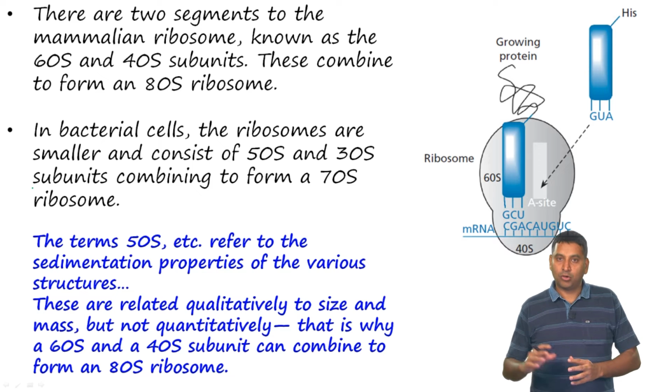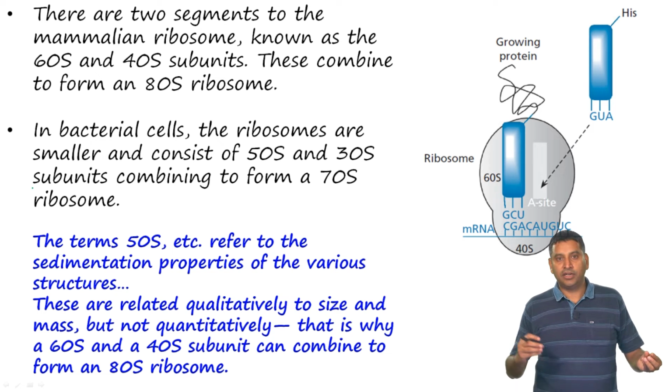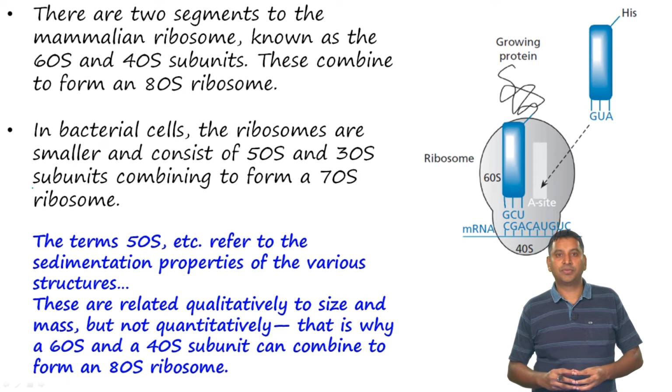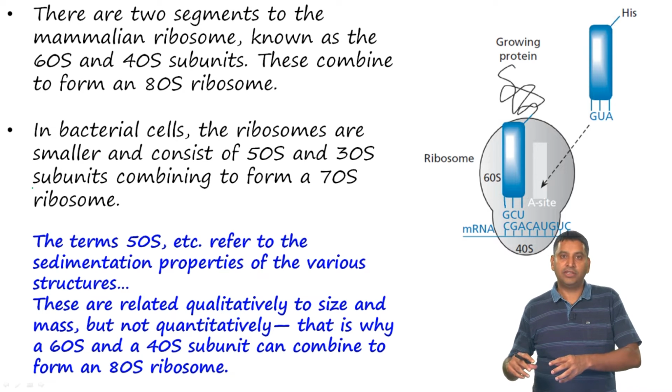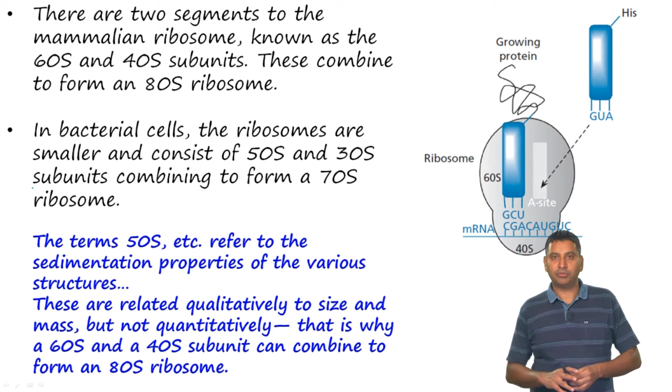These are related qualitatively to size and mass, but not quantitatively. That is why a 60S and a 40S subunit can combine to form an 80S subunit. In bacteria, the ribosomes are smaller and consist of 50S and 30S subunits, combining to form a 70S subunit.